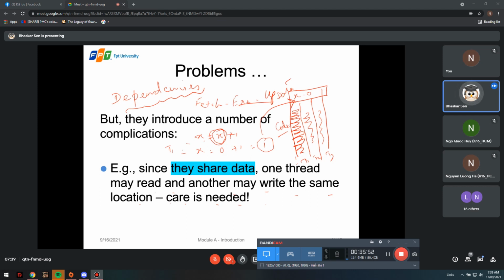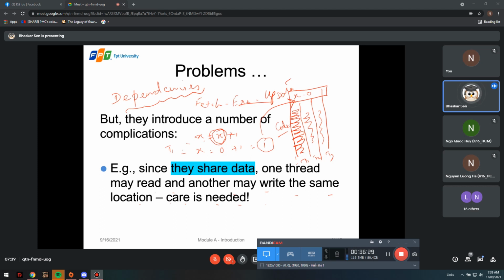Then T3, or thread 3, will run, and the final update is 3, because 2 plus 1 is 3. Okay. So the final outcome, if it runs in proper sequence, is expected to be 3.